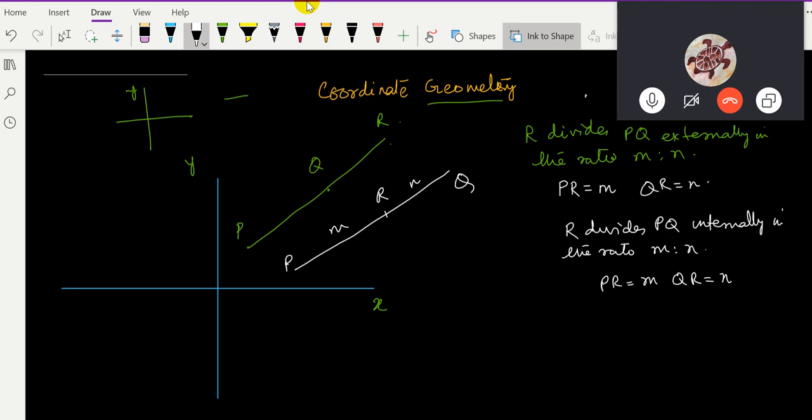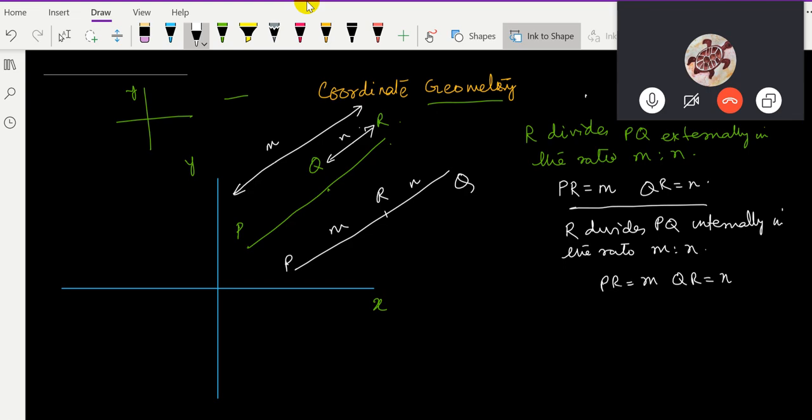The same logic holds here. Whether R is inside or outside, the logic is the same. PR is m, QR is n. The only difference is that R is inside or outside, but the logic is the same.